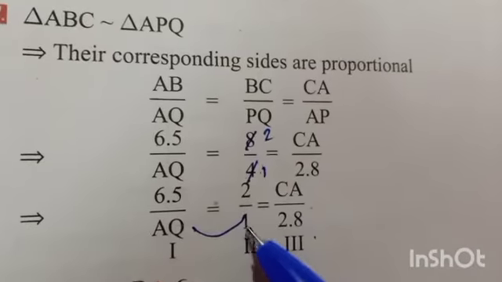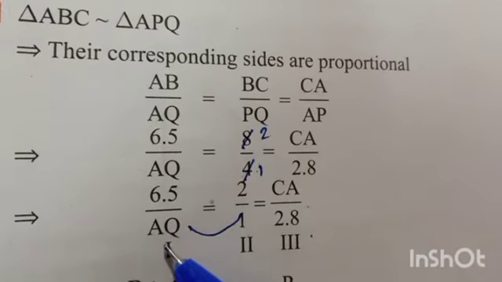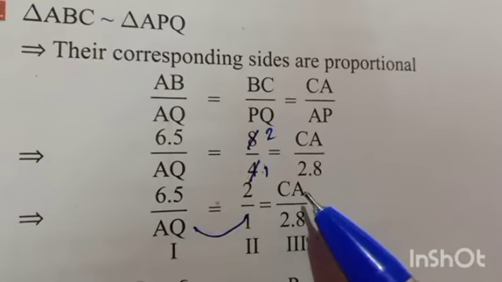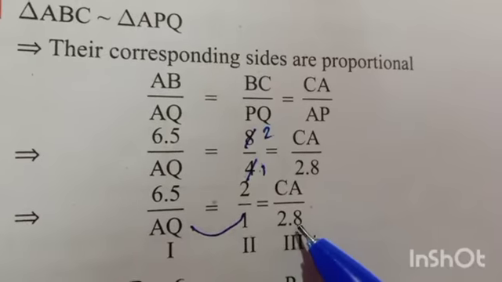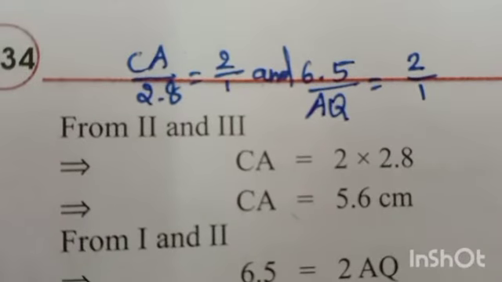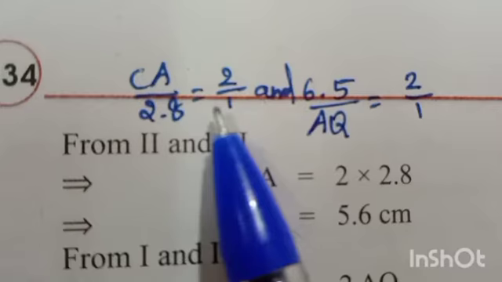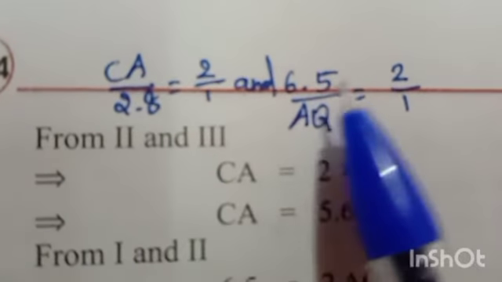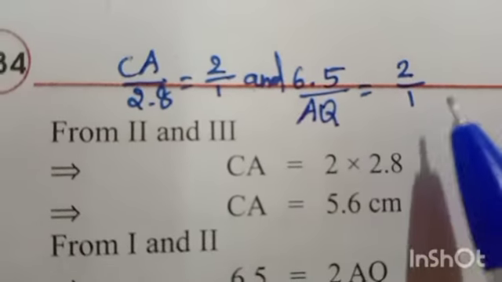This 2 by 1 compares with 6.5 by AQ, and the same 2 by 1 compares with CA by 2.8. Students, CA by 2.8 is equal to 2 by 1, and 6.5 by AQ is equal to 2 by 1.